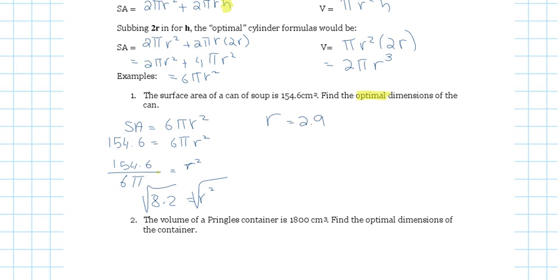How about the height? When you're reporting a cube, you need the length, width and height. When you're looking at a cylinder, you always need to report your radius and your height. So what would be the height here? 2r, right? Because the height of my cylinder should be twice my radius. 5.8.